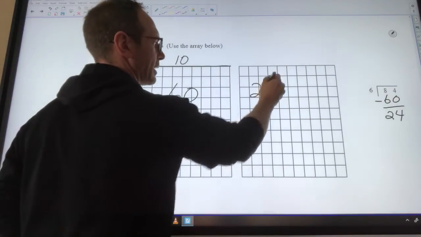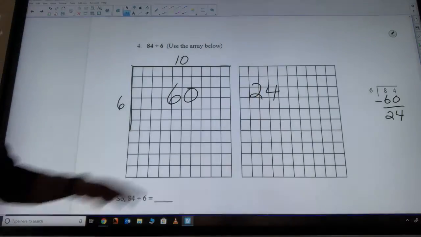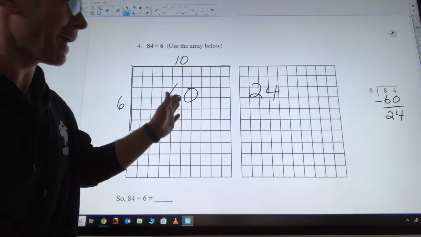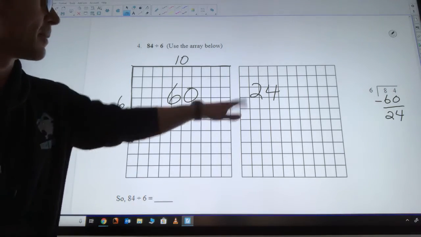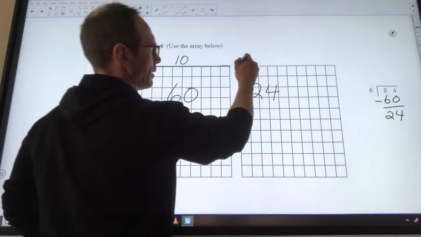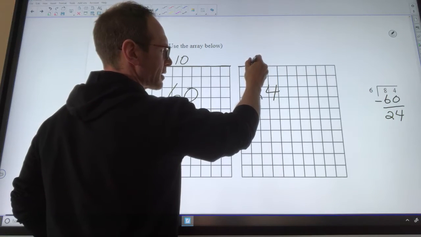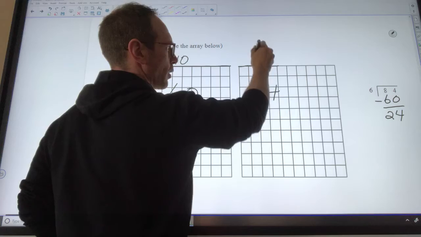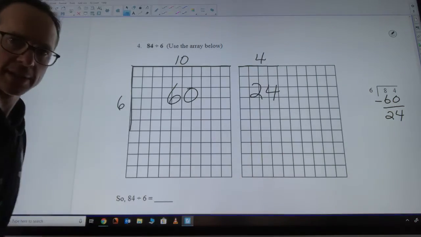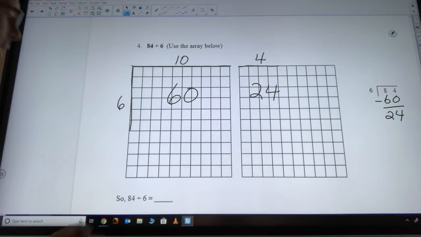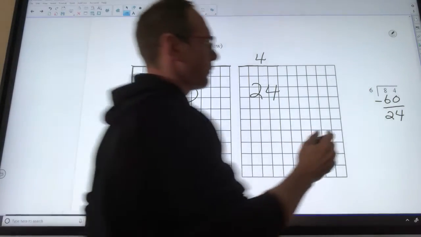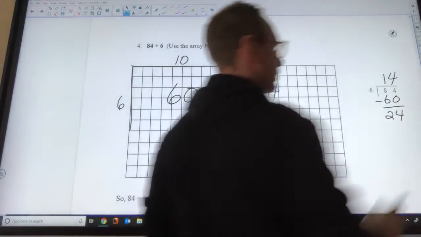So that means I'm going to need to get to 24. My question now is 24 divided by 6. It's a little bit easier than 84 divided by 6. How many 6's does it take to get to 24? Well, 1 6 is 6, and 2 6's is 12, 18, and 24. It takes 4 more 6's to get to 24. So that would mean that my answer is 10 plus 4, 14. 84 divided by 6 is 14.